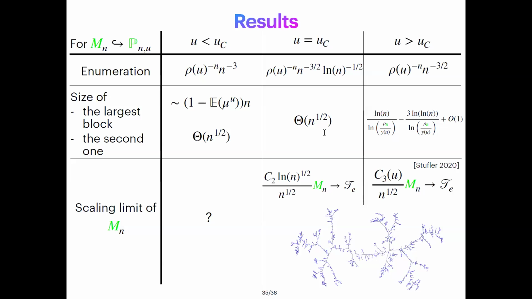In the supercritical case, it was already studied by Stufler, who showed that there is convergence to the Brownian tree. And we show that in the critical case, there is also convergence towards the Brownian tree, but with a different rescaling. Here we have a square root of log n. And this, once again, is different from what happened in the non-tree-rooted case, because in the non-tree-rooted case, we do not have the same scaling limits in both cases. Here we have a stable tree.